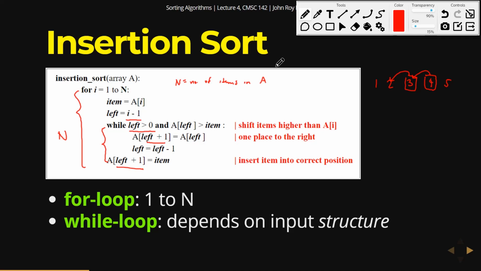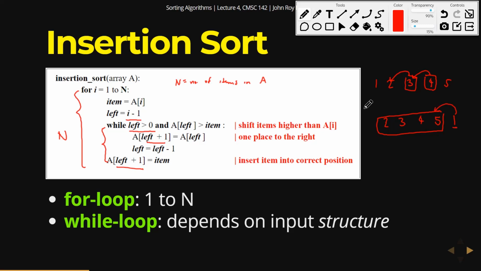But if it's something like 2, 3, 4, 5, 1, let's say that we're already done with the first four, and then we're left with this one.